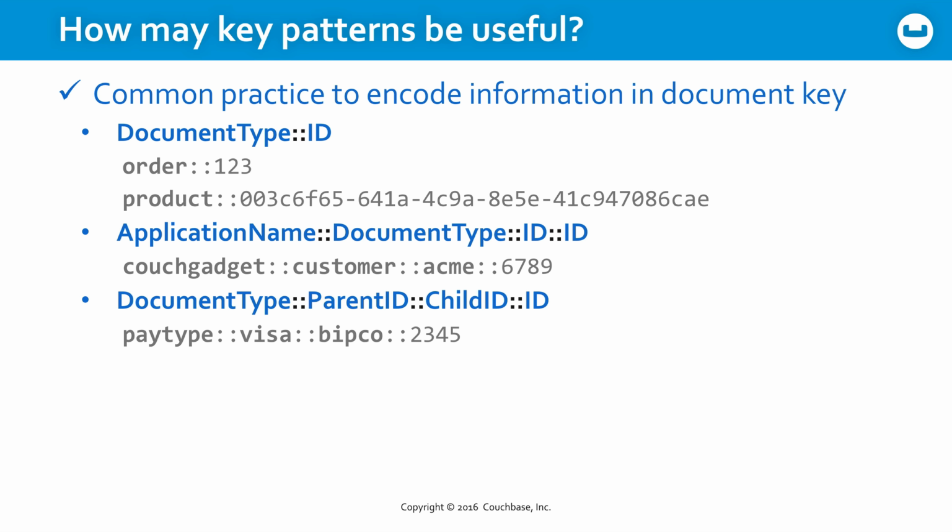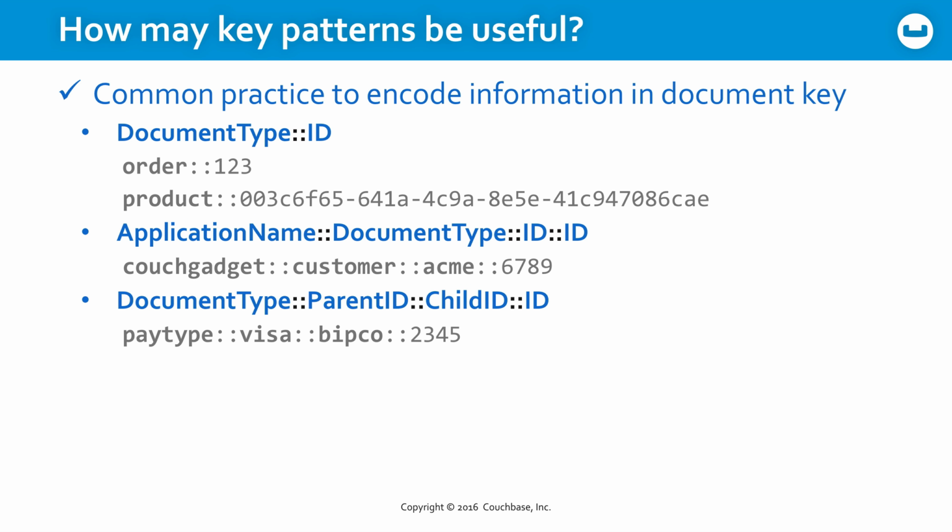Or maybe you would encode an application name as a prefix along with other document type and ID values because you need to support multiple applications within the same data bucket. Remember, these values all must be unique within the bucket itself. Each bucket is a unique key space. And these patterns can get as involved as you need them to be.